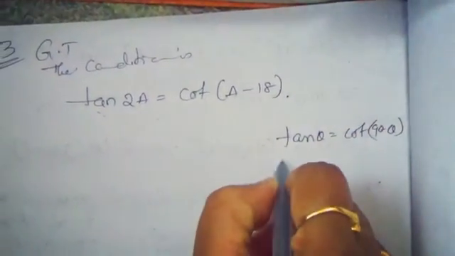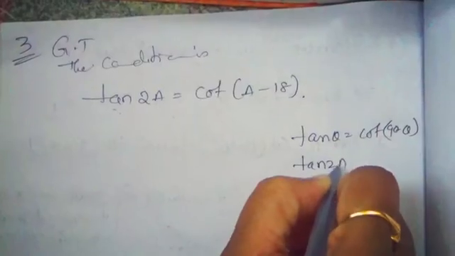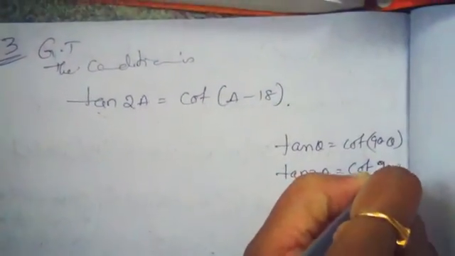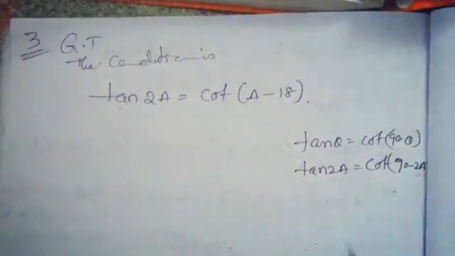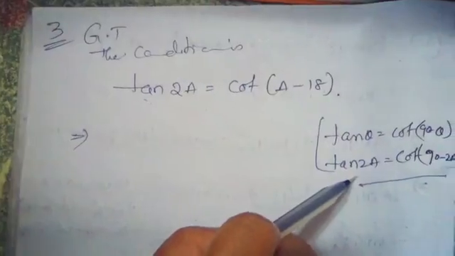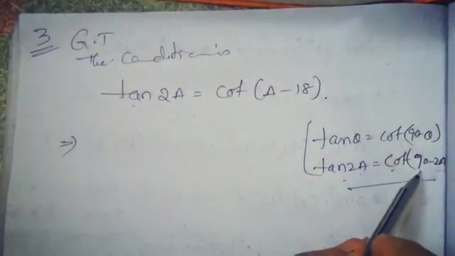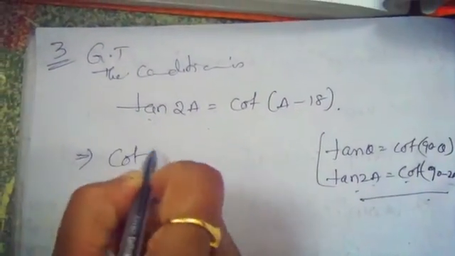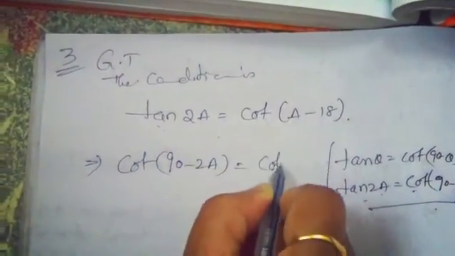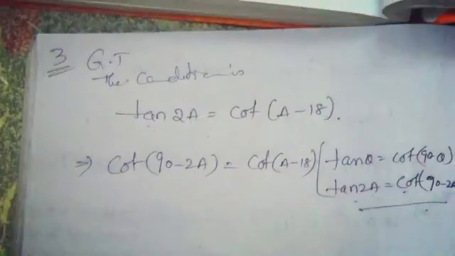Just like that, tan 2A is equal to cot (90 minus 2A). That implies in the place of tan 2A, I am writing cot (90 minus 2A). Cot (90 minus 2A) is equal to cot (A minus 18).